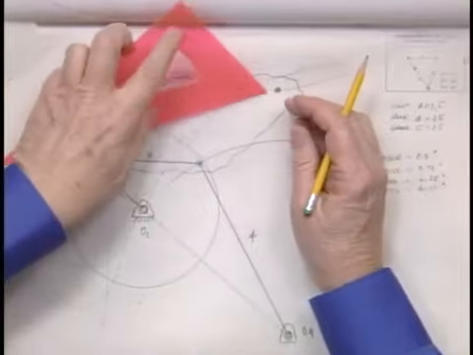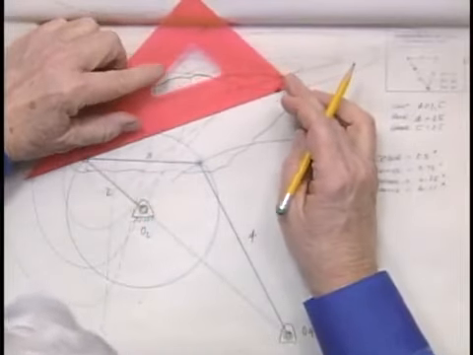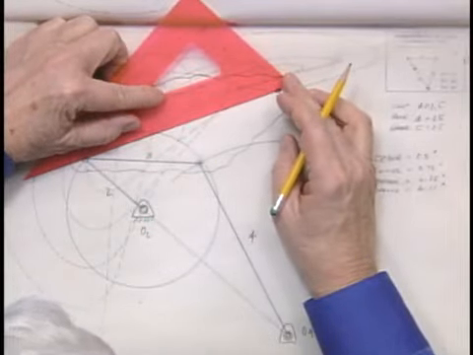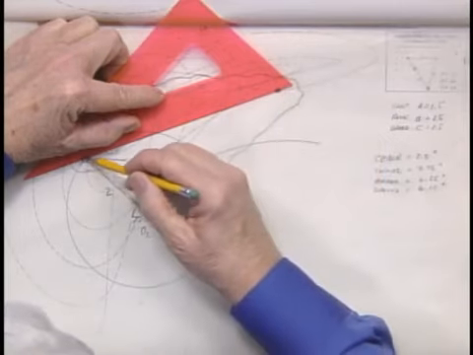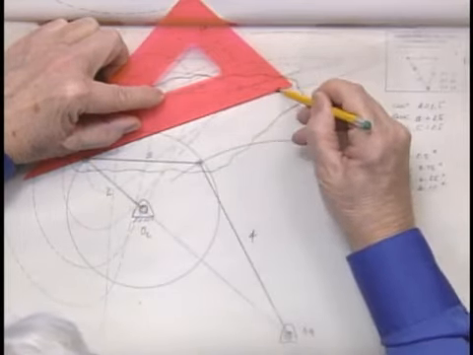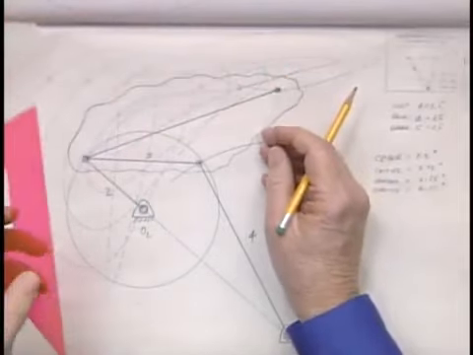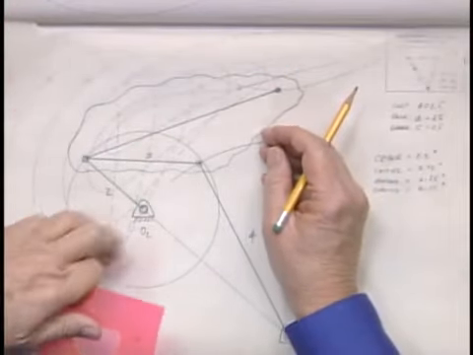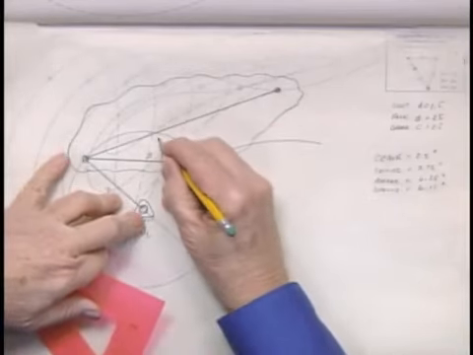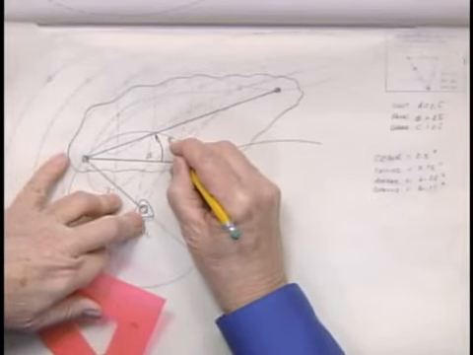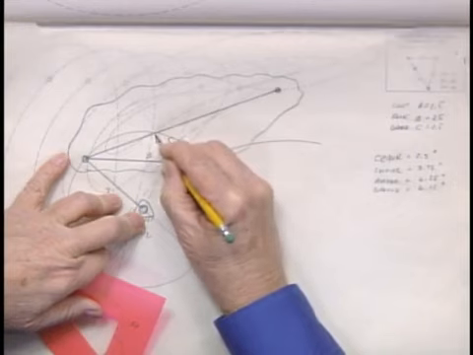Now, in order to determine where that is, I've got two options. I need two coordinates, obviously, to locate a point with respect to another, or with respect to an axis system, right? I need either an x and a y or an r and a theta. I think I'm going to call it delta, because I call it that in the book. So we'll call this delta 3. Okay?